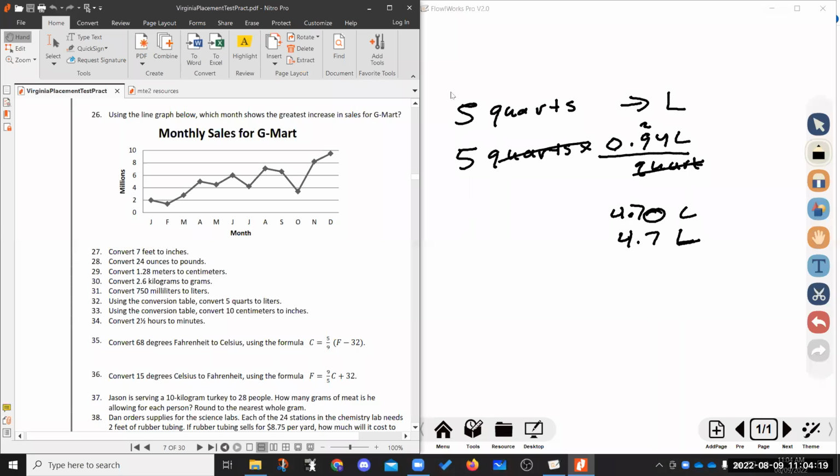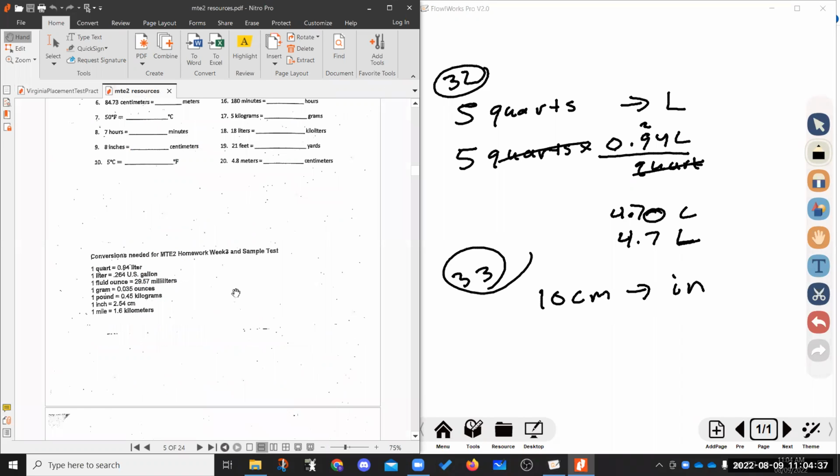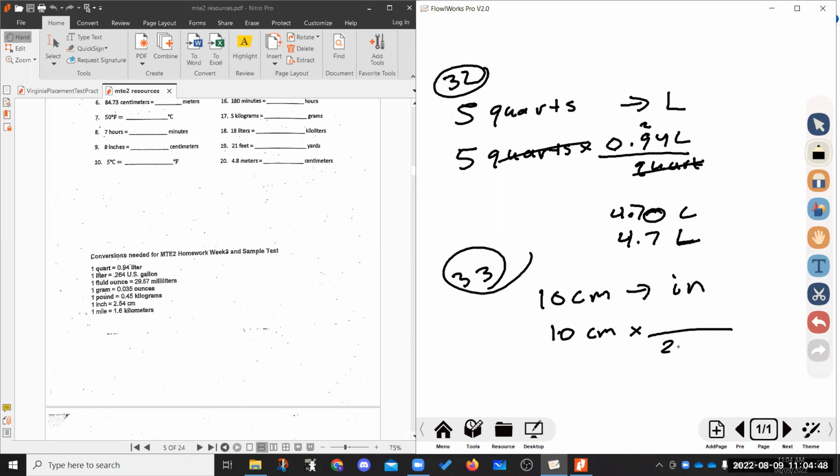Number 33 asks us to use a conversion table to convert 10 centimeters to inches. You all may know this conversion factor already from science classes, but there's 2.54 centimeters per inch. So 10 centimeters times 1 inch per 2.54 centimeters.